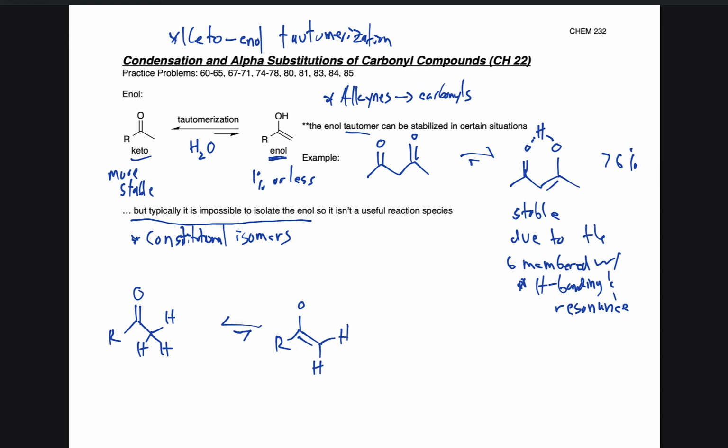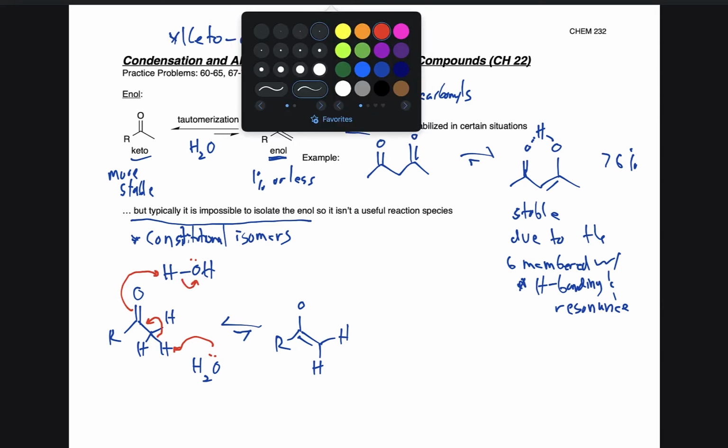We're going to do things sort of concerted here, where with the presence of water, it undergoes this transformation where we're getting that proton and moving around our electrons to get to our enol form.